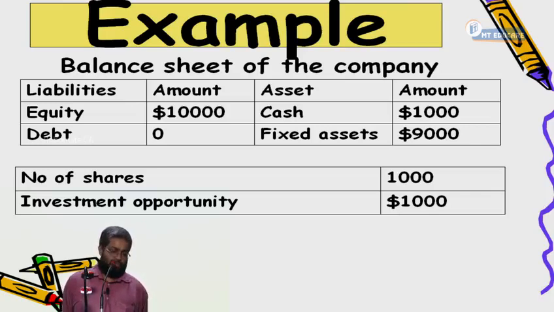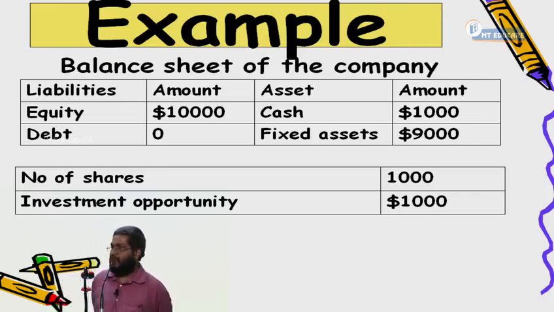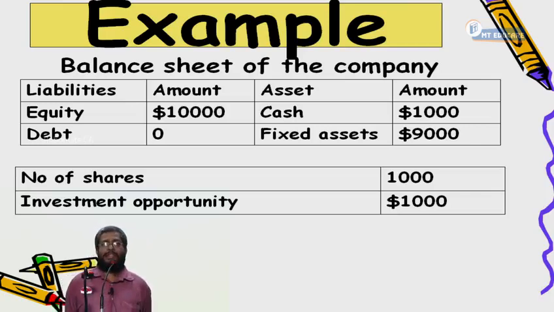Branch it into two. Name, what are the two assets here? Cash, fixed assets. Cash, put it down here, I can write.